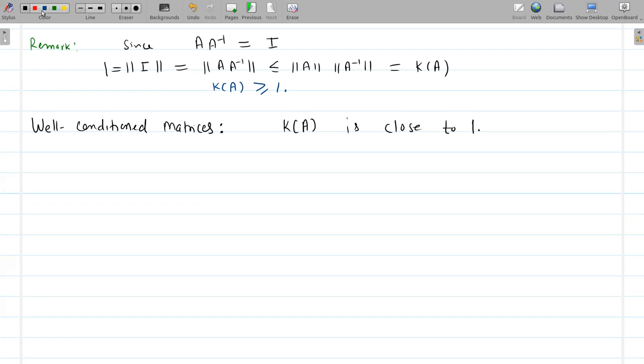And on the other hand, for ill-conditioned matrices, the condition number is much greater than 1.